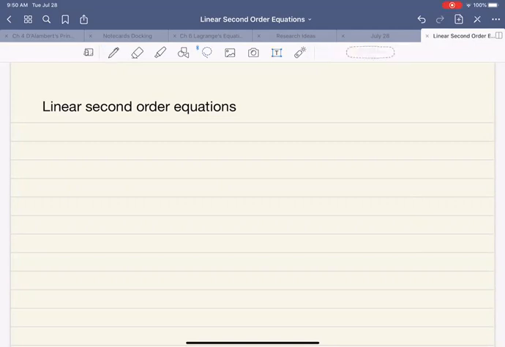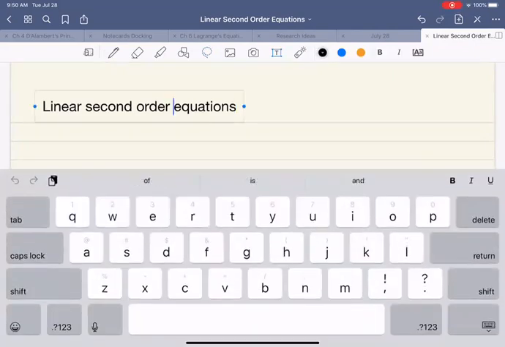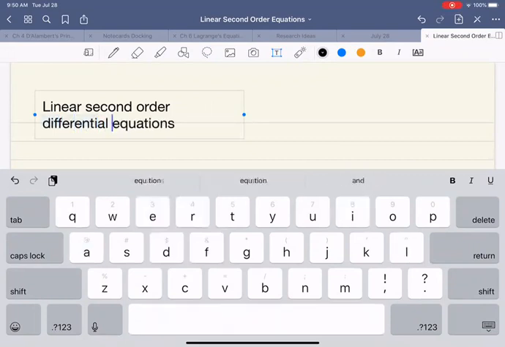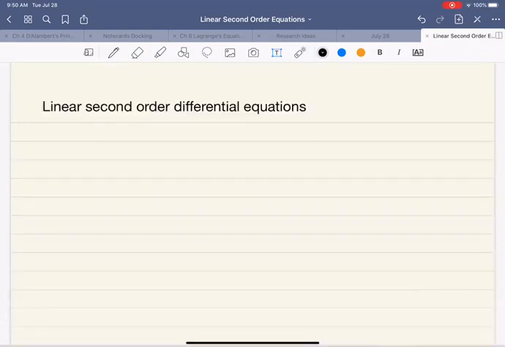We're going to talk about linear second order differential equations. Linear second order differential equations are of the form a y double prime plus b y prime plus c y equals f of t, a function of t.